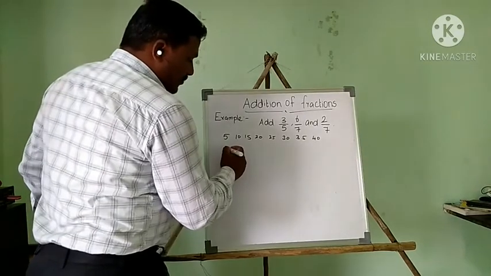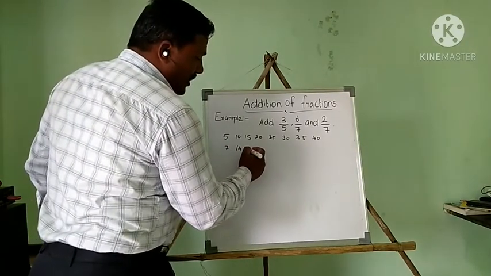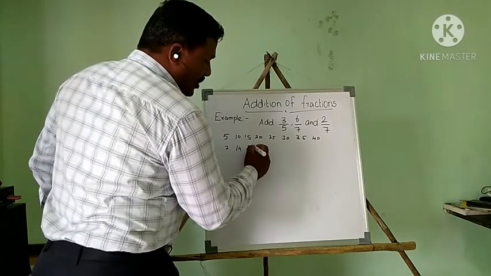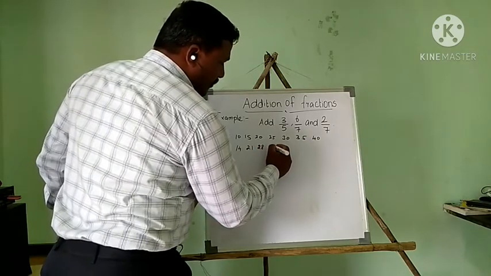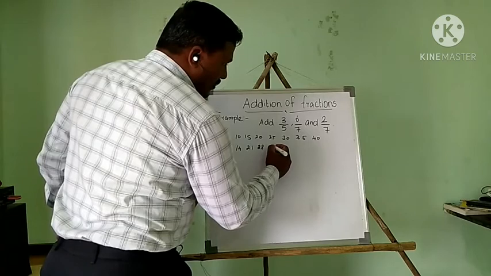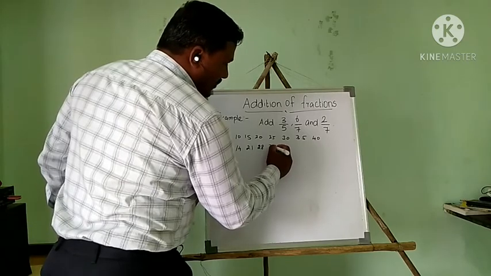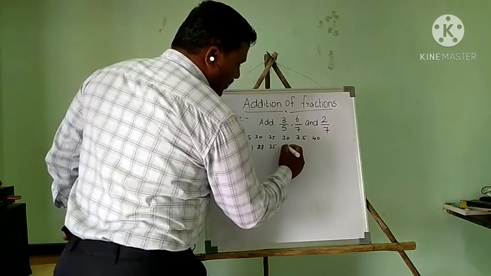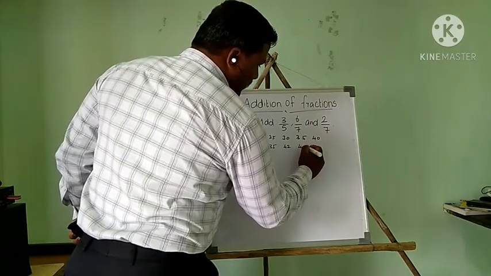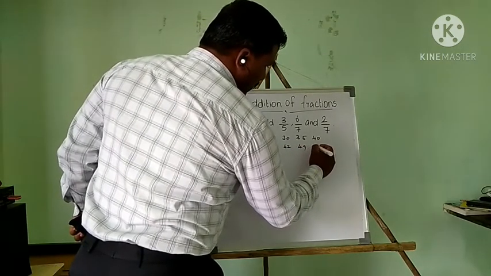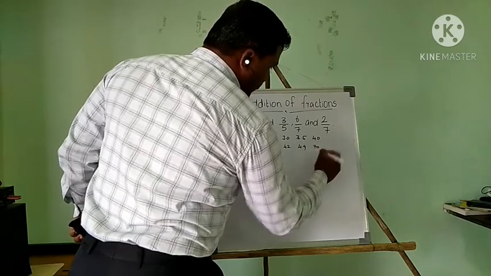Then 7: 1 7 is 7, 2 7s are 14, 3 7s are 21, 4 7s are 28, 5 7s are 35, 6 7s are 42, 49.